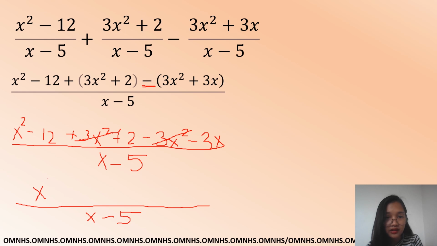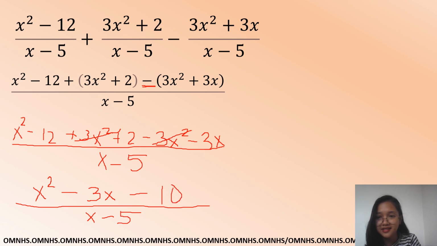And then negative 3x. Another like terms, negative 12 and 2. So negative 12 plus 2 is negative 10. Okay. So we have x squared minus 3x minus 10 all over x minus 5.